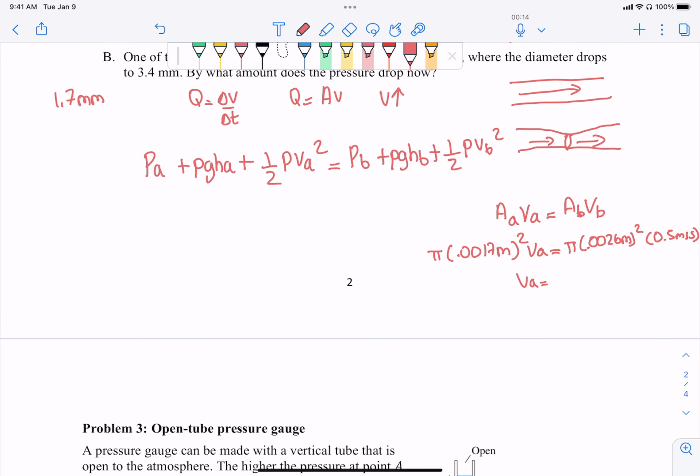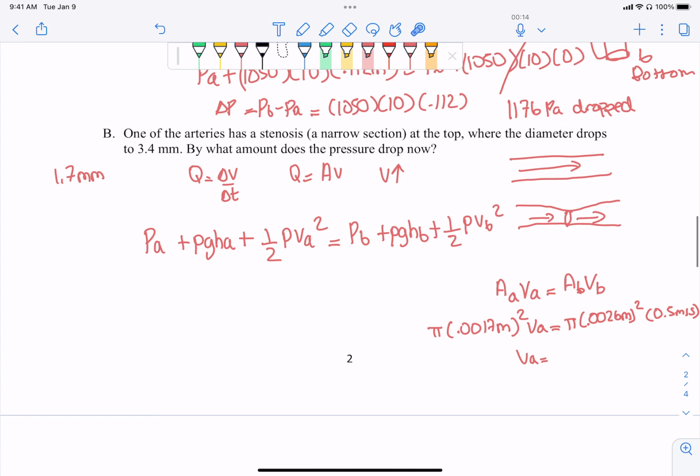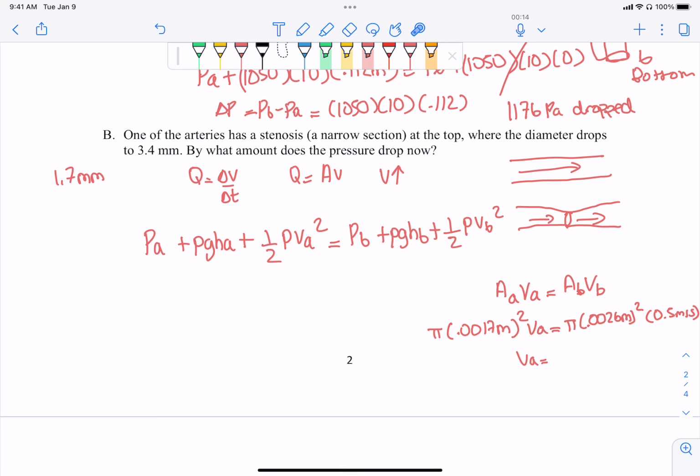I want to figure out the speed at the top, because I know the speed at the bottom. And since there's this speed change, the pressure would have to change. So VA would be 1.17 meters per second.